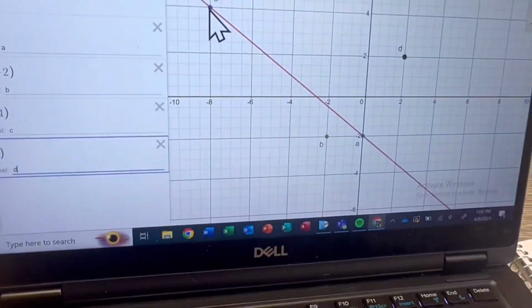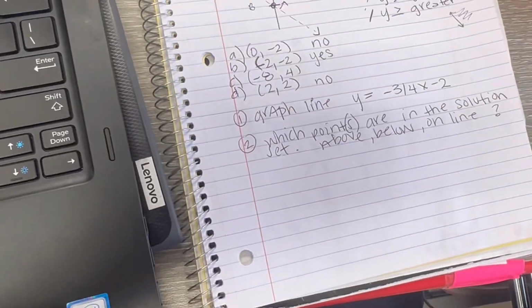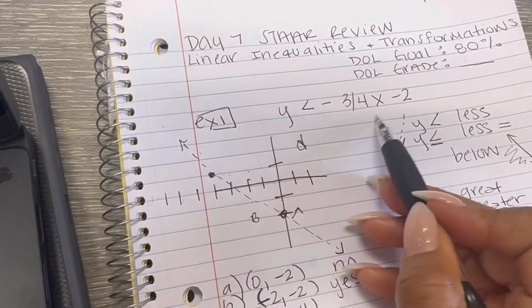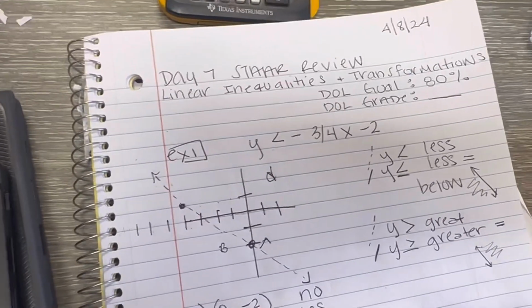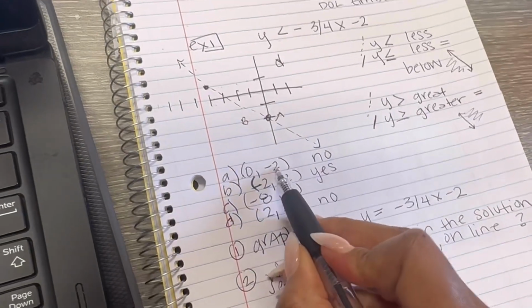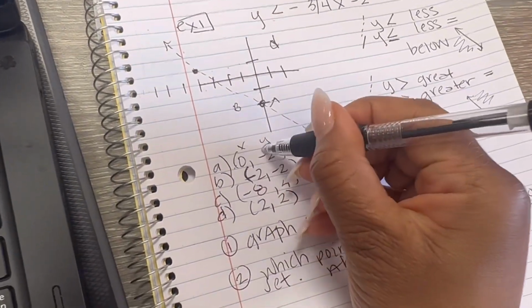It's not below, right? Here's the by hand way of doing this. You can also substitute your points. I'll show you by hand and in the calculator. So we have y is less than negative 3/4 x minus 2. You can also plug in points. So let's go ahead and try A. So this one's x and this one's y. So you label x and y.